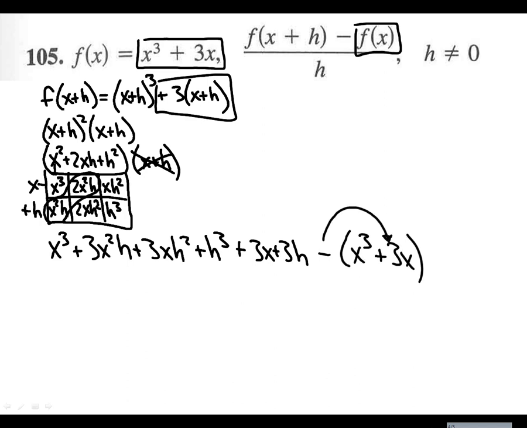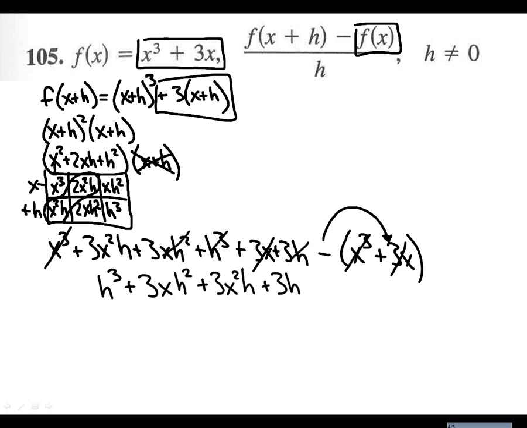Let's go ahead and cancel what we can. X cubed and x cubed, 3x and 3x, and go ahead and clean up our remaining terms. H cubed plus 3xh squared plus 3x squared h plus 3h. That should be 1, 2, 3, 4 terms.